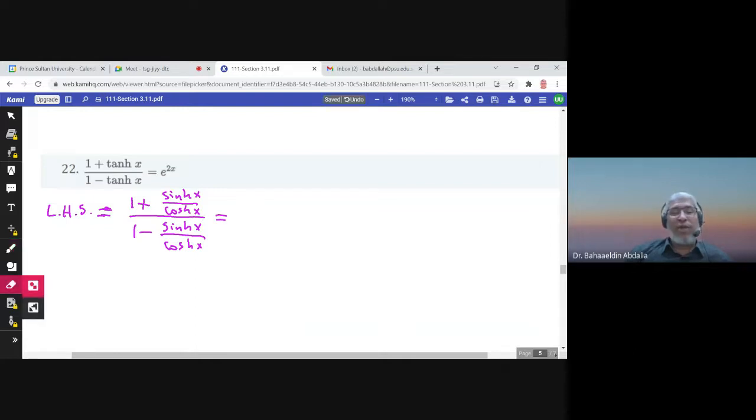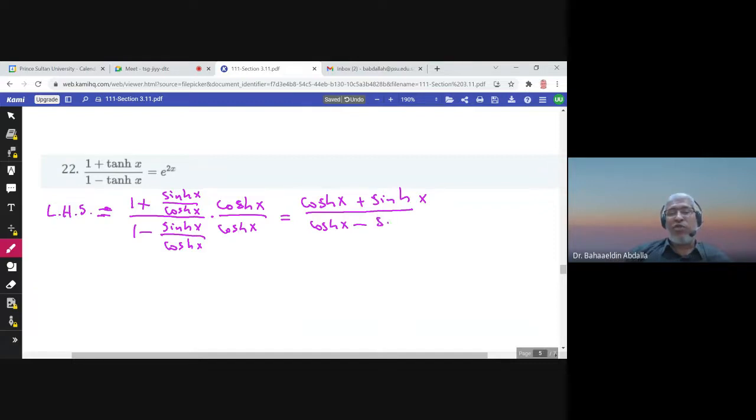Now I will multiply to get rid of the denominators. Let me multiply by cosh x over cosh x. So I will have cosh x plus sinh x over cosh x, and when I multiply here, cosh cancels with cosh, and I have sinh x.